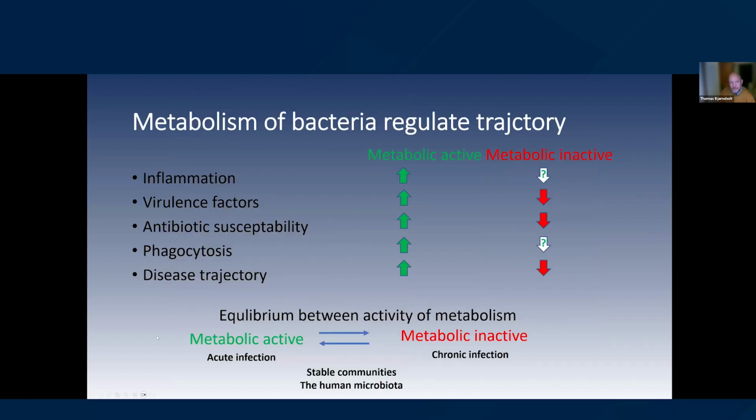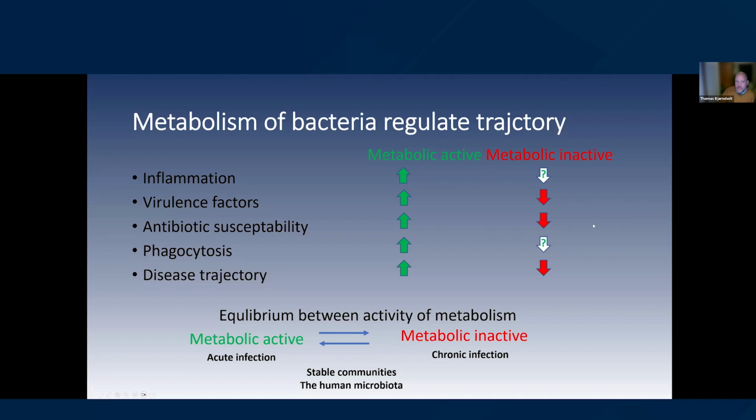We think that the metabolism of bacteria regulates the disease or infection trajectory. If you have metabolically active bacteria, you have upregulation of inflammation and virulence factors, but they are also more susceptible to antibiotics. We have increased phagocytosis, and the disease trajectory is much worse.